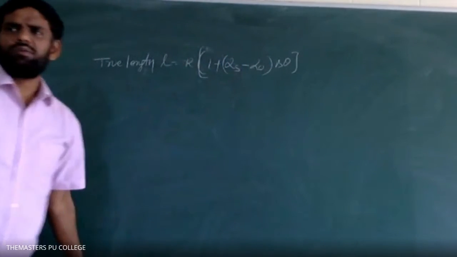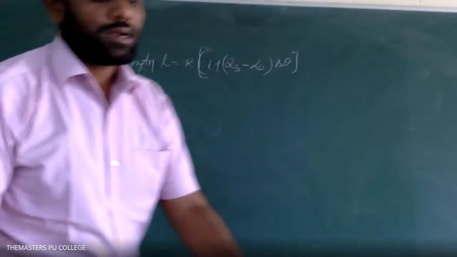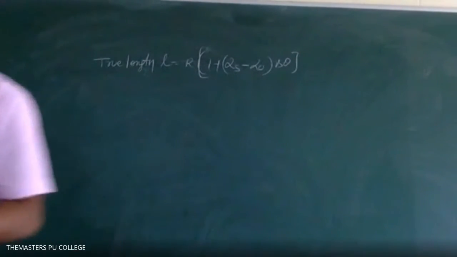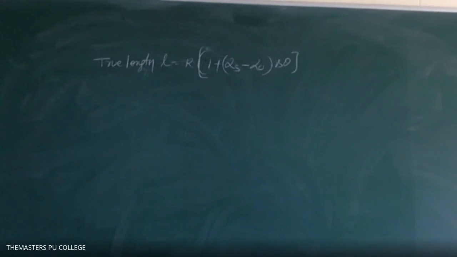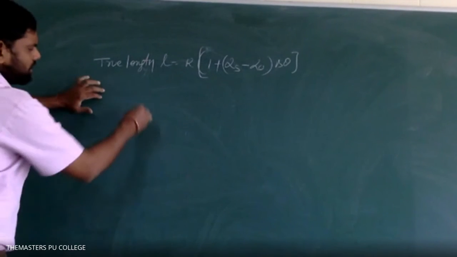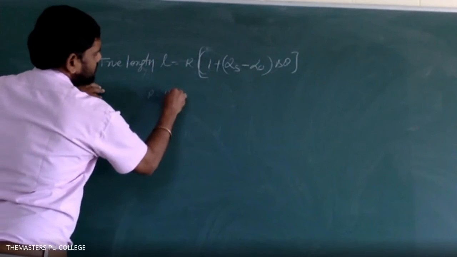We have already derived this formula. Observed to be 1 meter means the reading value equals 1 meter.